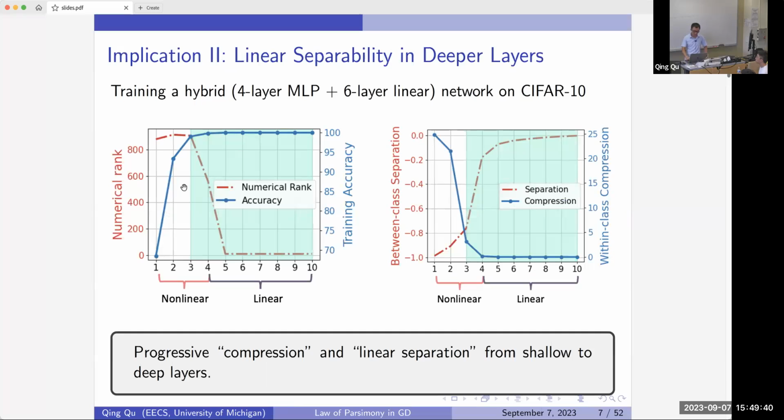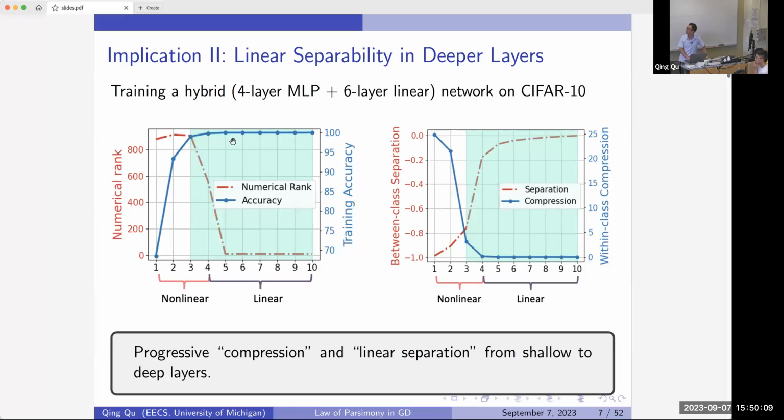And we did this. We used a 10-layer hybrid network, where the first 4 layers are MLP, and the last 6 layers are just a linear network without any nonlinear activations. And you can see that the trend is very similar to the nonlinear network. The nonlinear network in the initial layers is basically making your features more and more linearly separable.